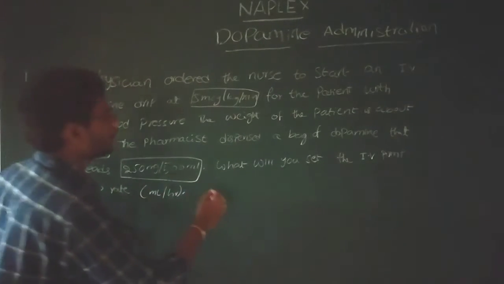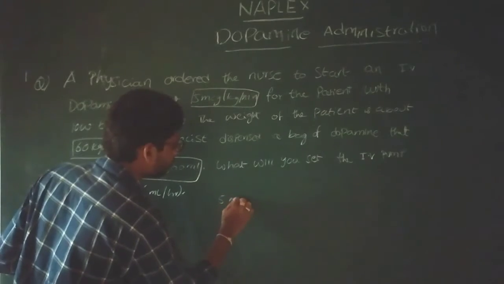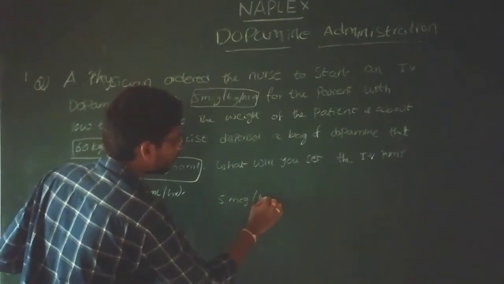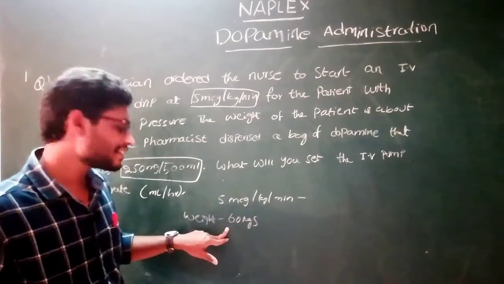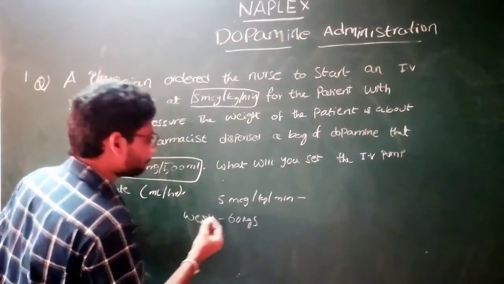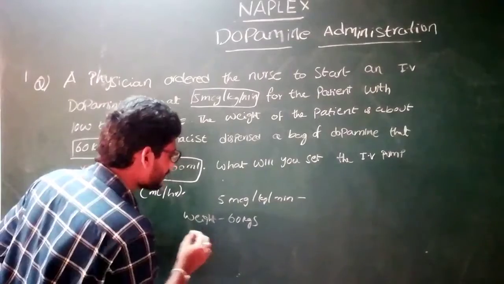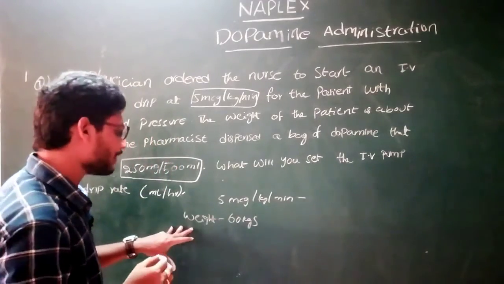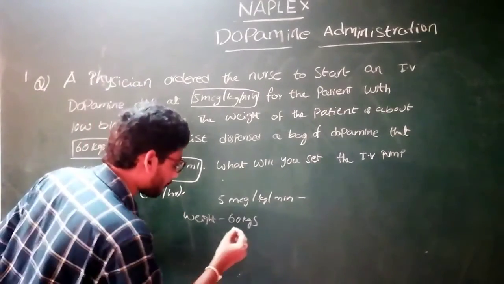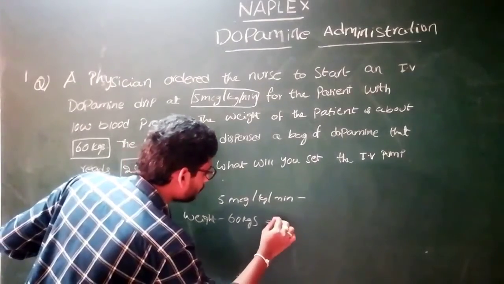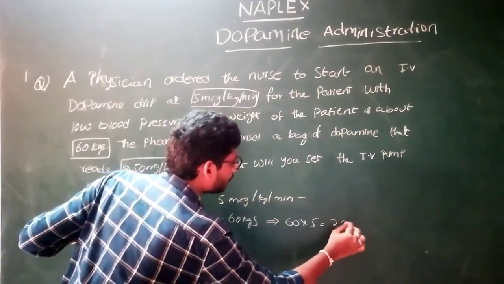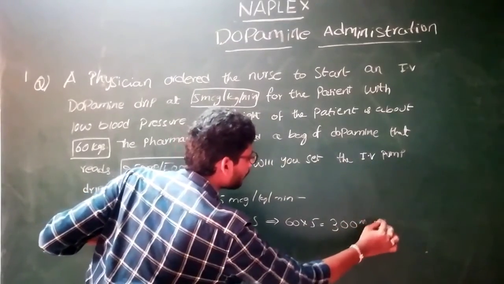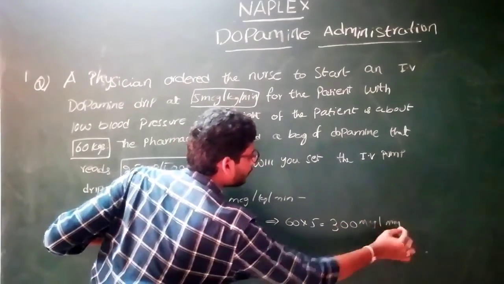Okay, so here 5 micrograms per kg per minute. This is the dose ordered by the physician. Here the weight of the patient is 60 kgs. So for 60 kgs, how much dopamine is needed per minute? So 60 into 5 equals 300 micrograms per minute.